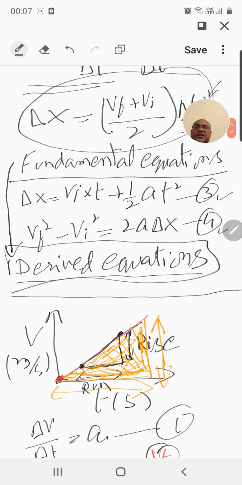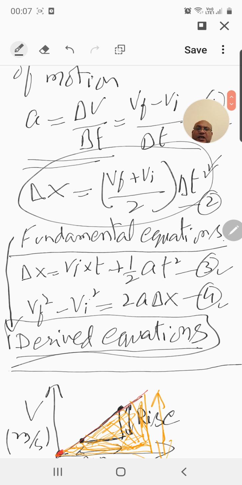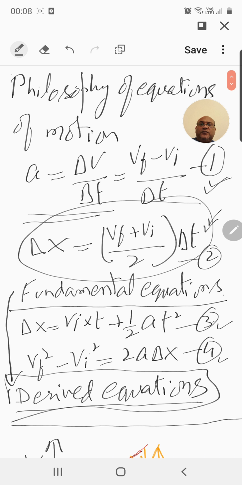You make certain substitutions here and there, and then you get your derived equations. I'm not going to discuss how you get the derived equations. You will discuss that next semester, but in this semester we will just note that equations number 3 and 4 are obtained from 1 and 2, right?